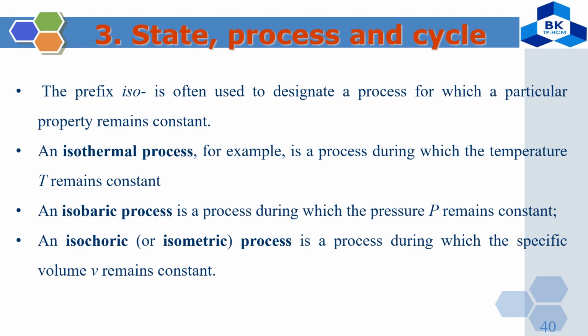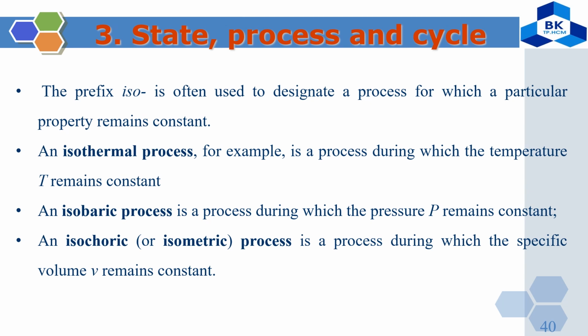For the process, I will go quickly because we will learn about it later. We will use the prefix iso to designate a process in which a particular property remains constant. For example, the isothermal process is a process during which the temperature T remains constant.